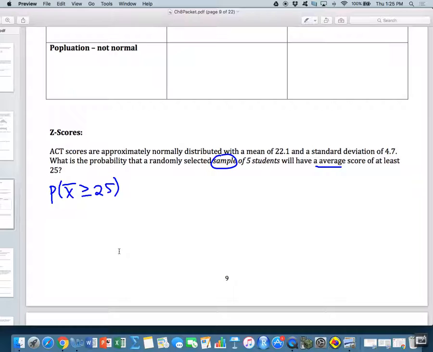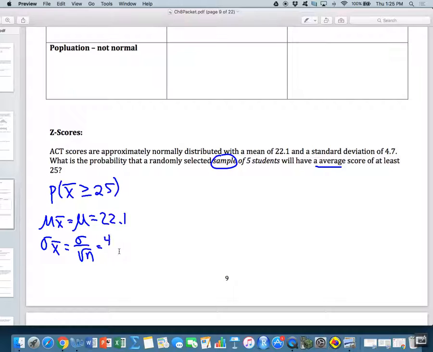Because ACT scores are normal, that means the sampling distribution is normal. The mean of the sampling distribution is just the population mean. The population mean is 22.1. The standard deviation of the sampling distribution is the standard deviation of the population divided by root n.